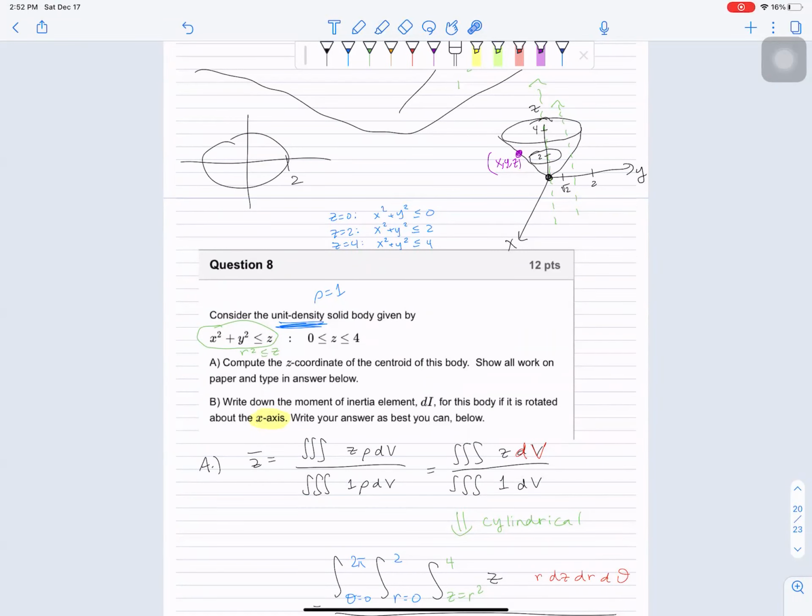So what is the closest point on the x-axis to my random point? Well, the point with the closest distance would be the point that has the same x value, but 0 for y and 0 for z.